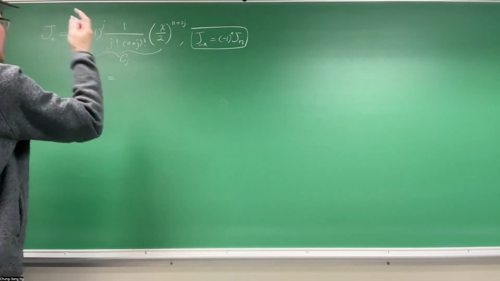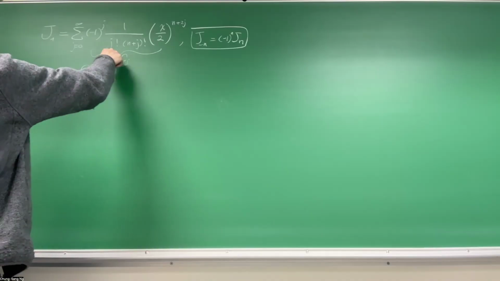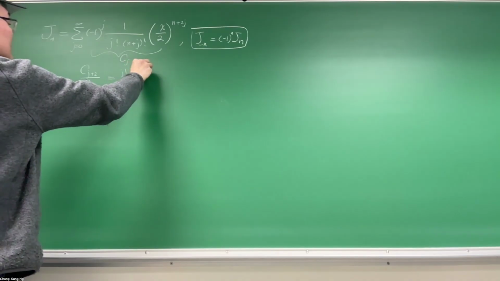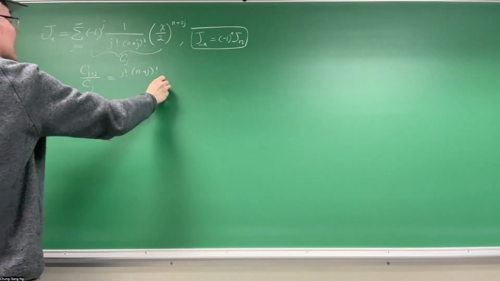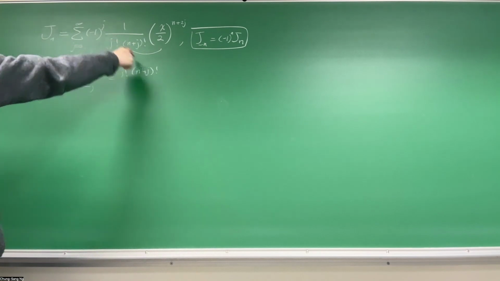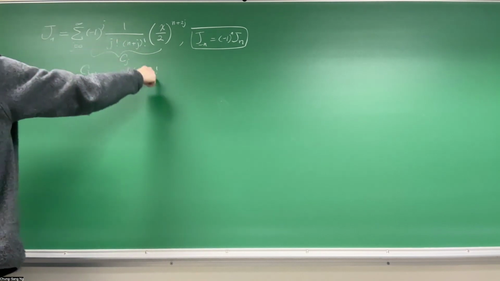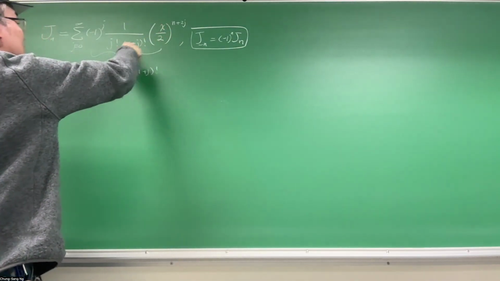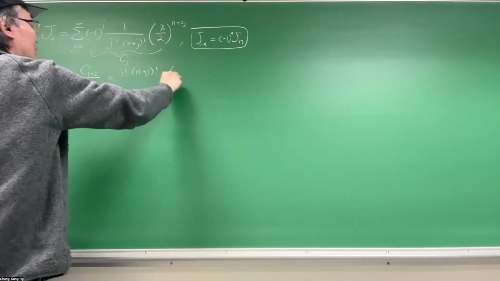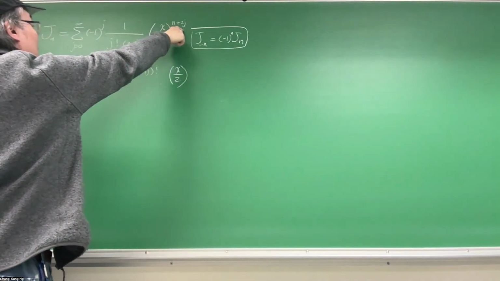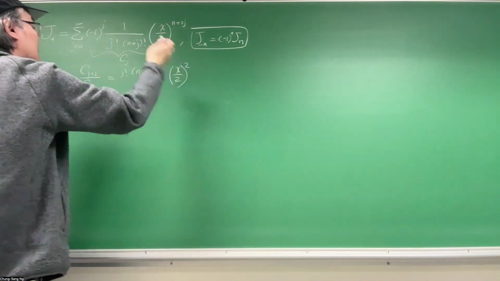C sub j itself is j factorial times n plus j factorial, right? And then it's in the denominator, so get it back to the numerator, and then this ratio will give you x over 2, because it's jump over 2, that would be squared, right?